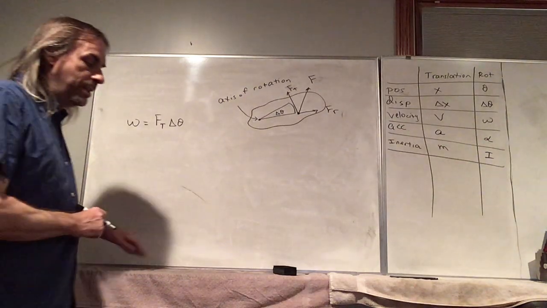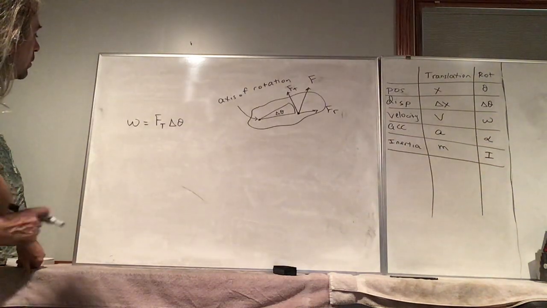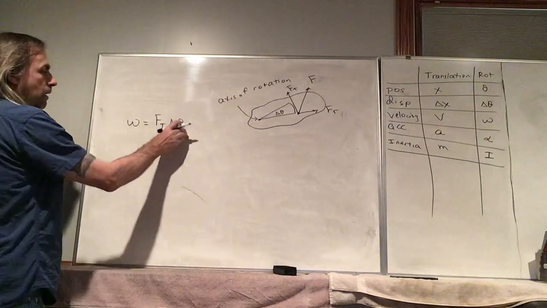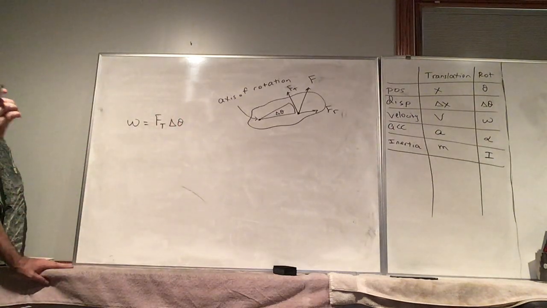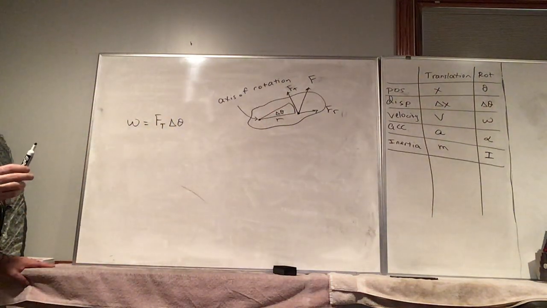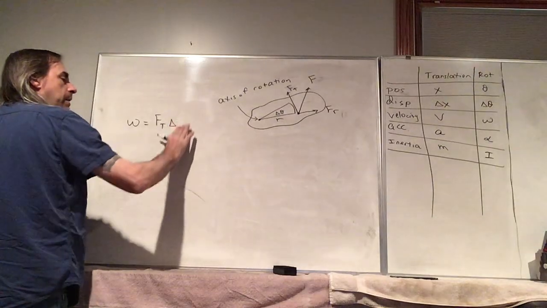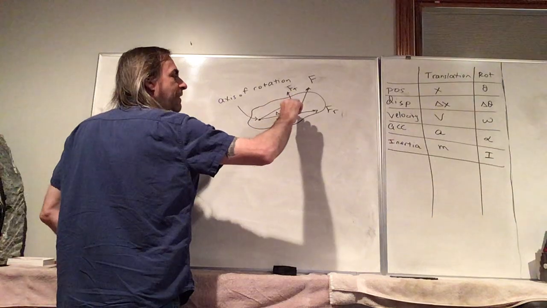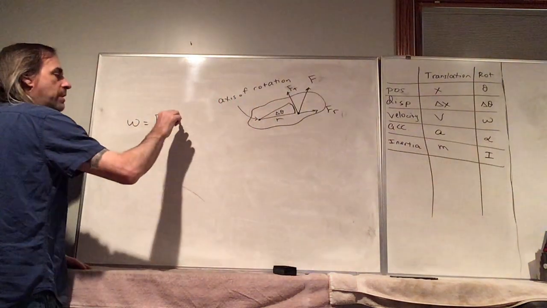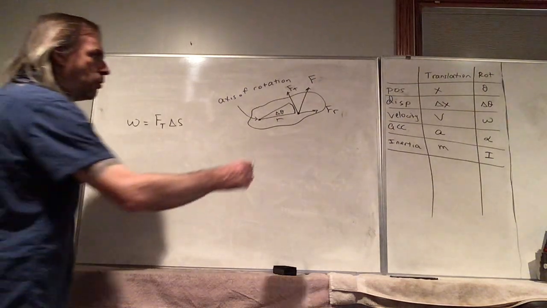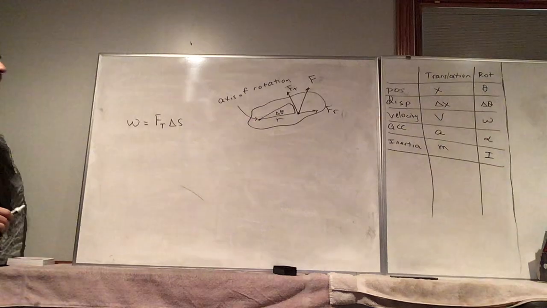So let's say this force is applied at a distance r. Sorry, let's say that this arc length is delta s. Sorry, got ahead of myself there. So force times distance, that would be the arc length.